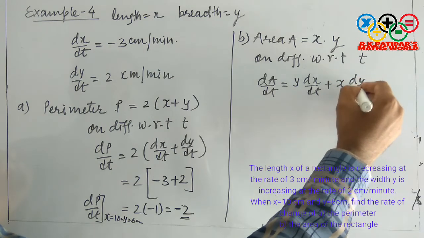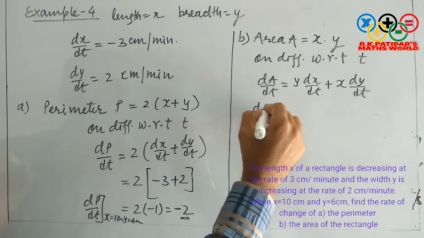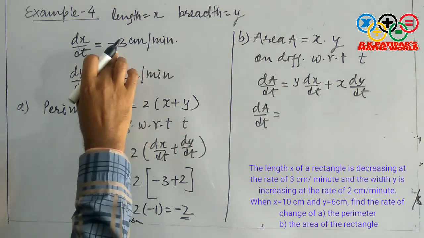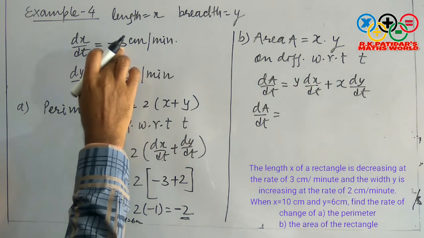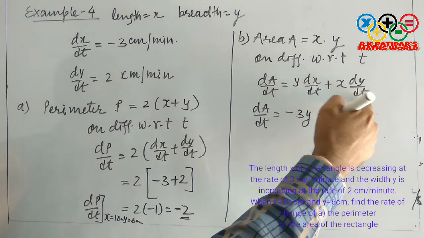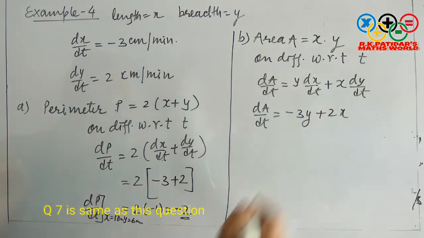Now we leave x and differentiate y, so dy upon dt. Putting the values, we will get dA upon dt is equal to, sorry, dx upon dt is -3. So it will be -3 times y plus dy upon dt is 2, so it is 2x.